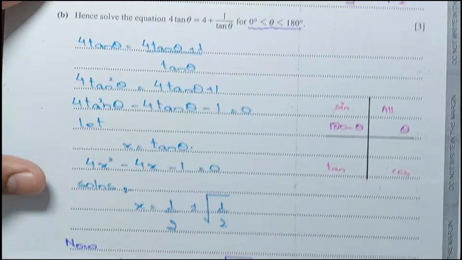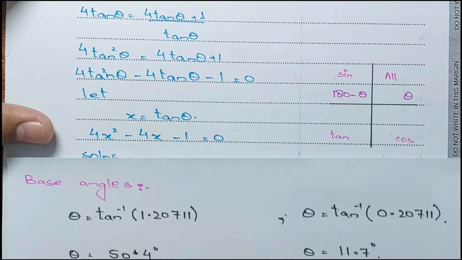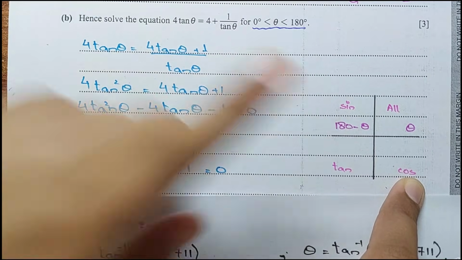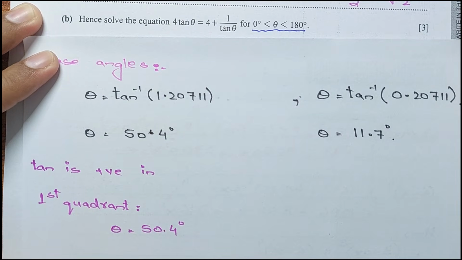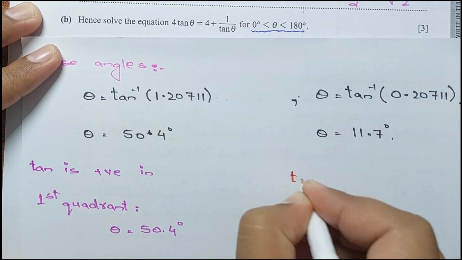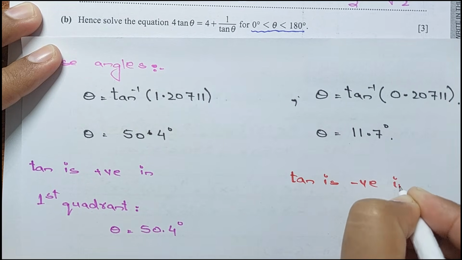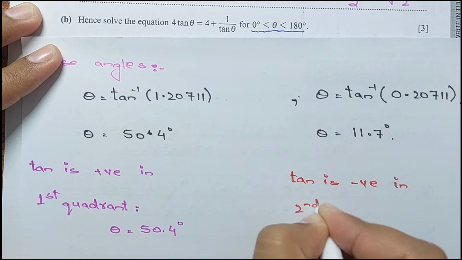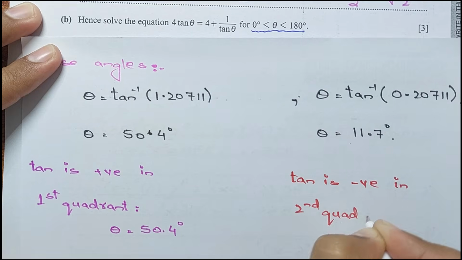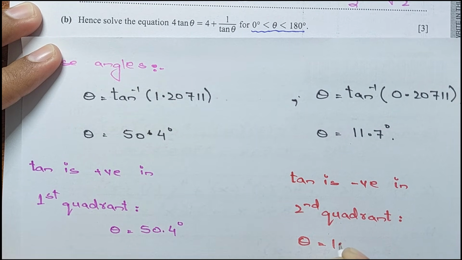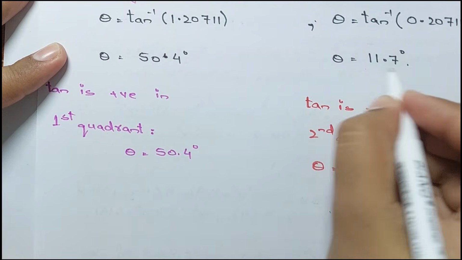And for this equation, you can see tangent is negative, and tangent is negative in the second and fourth quadrants. According to the given range for theta, we are just considering the second one. For the second quadrant, the theta value is 180 degrees minus the base angle. What is the base angle? The base angle is 11.7.